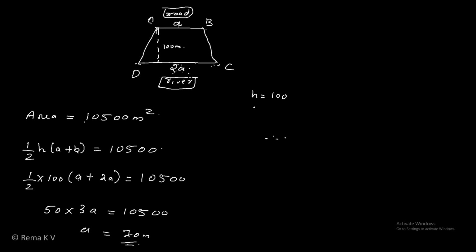Then the question is, find the length of the side along the river. You'll get the value of A as 70.